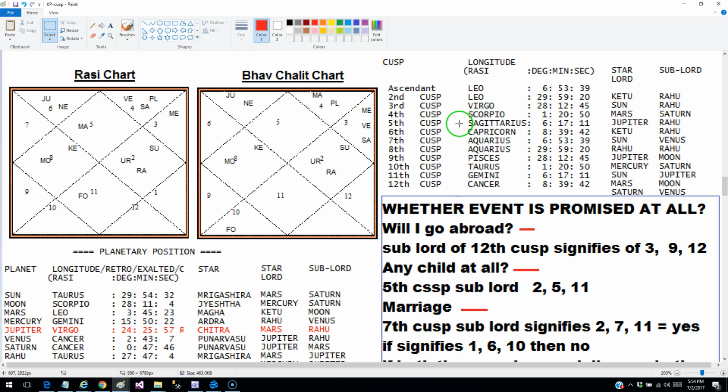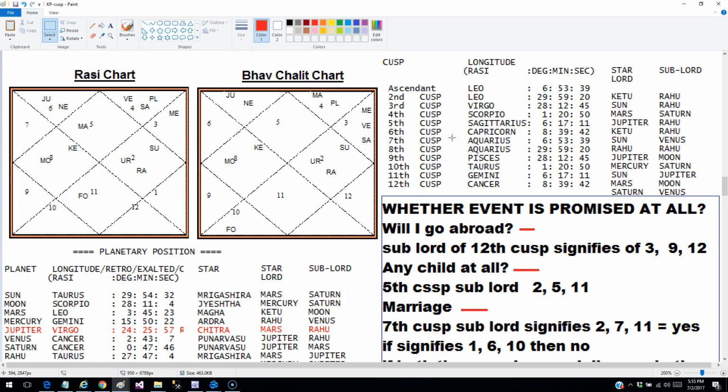That is what is meant by intercepted sign. The total is always 360 degrees, but sometimes when you are looking at a Bhav Chalit chakra, you might find one of the signs missing. So don't get confused. It will happen because of the Placidus divisions and the formula that he uses.